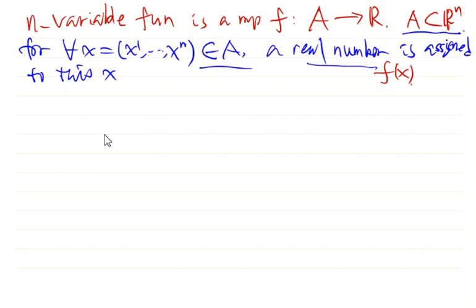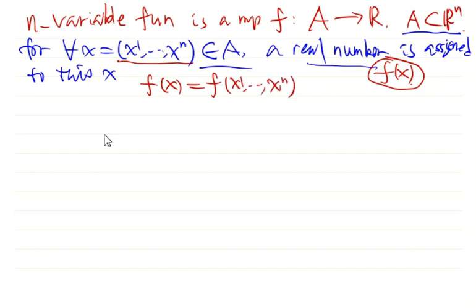Okay, so of course, because x has n components, when you write f(x), x is a point in Rn. But if you want to emphasize that f is a multivariable function, you need to write f(x) as f(x1, ..., xn). On the left-hand side, the x is a point in Rn. It is a point, but the point has n coordinates.